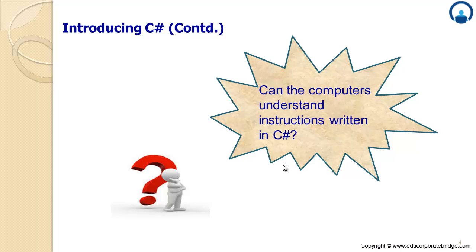As humans, it is not possible for us to write a program in terms of 0, 1, 0, 1, 0, 1 like that. We cannot write instructions in the format of 0s and 1s because it is difficult for a person to remember the instructions that way. So we have high-level programming languages which have a particular structure to be followed.